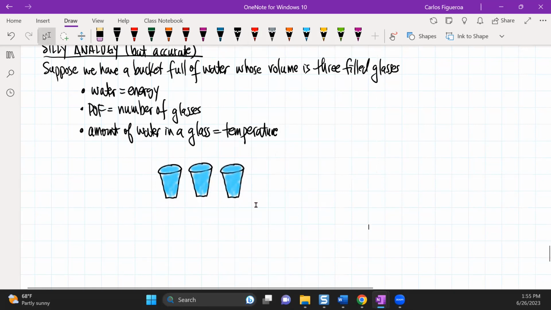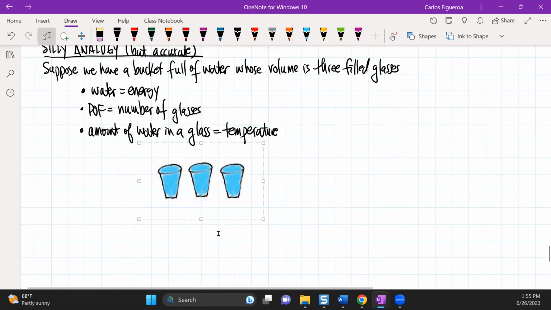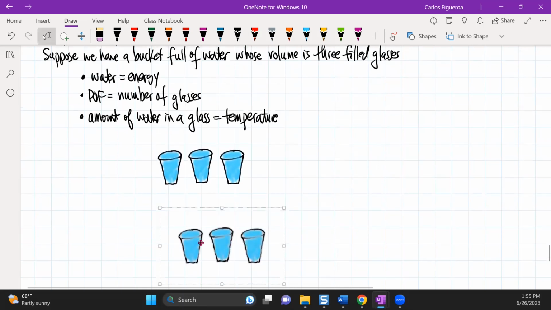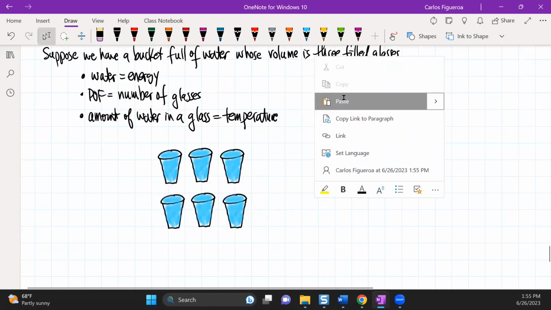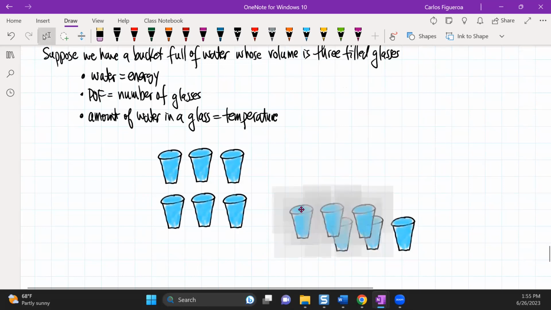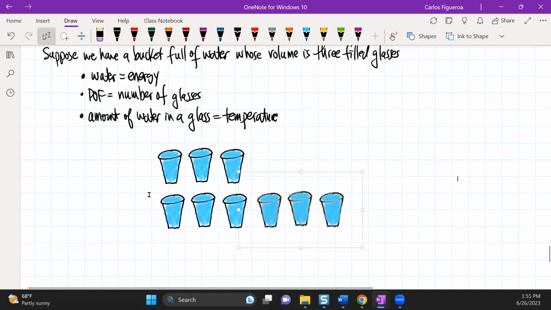So to try to do things faster, I'm now going to create a series of other glasses. So there's this glass. Now, not that they're all full, but I'm going to have to modify these. And then I'm going to copy all of these.